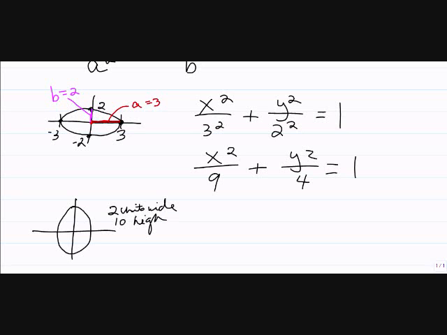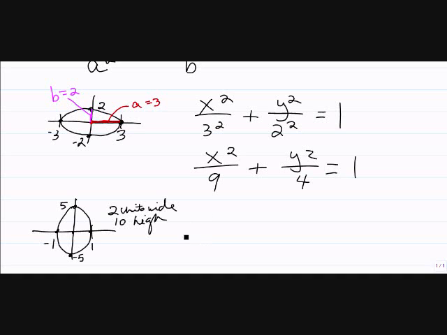Well, if it's 2 units wide, I'm going from the center, 1 to the right and 1 to the left. So this 2 units wide actually sits between negative 1 and 1. And 10 units high, oh, well, that's going to sit between 5 and negative 5.